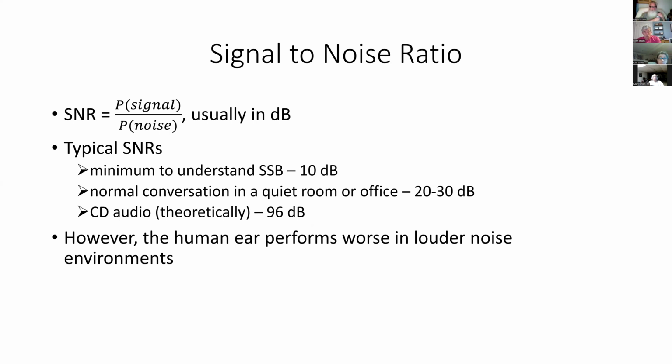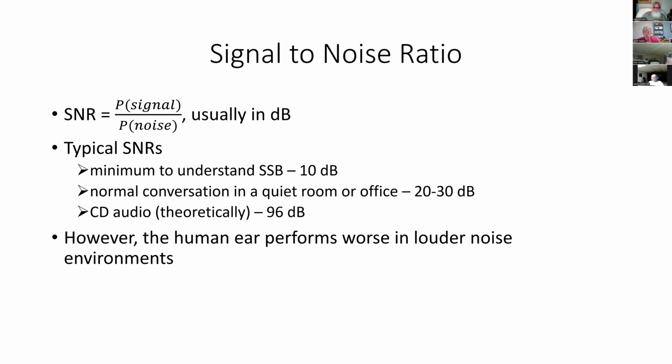So the typical signal to noise ratios you run into are, if you want to understand single sideband in a fairly noisy environment, the signal to noise typically has to be 10 dB or greater, which means that the signal has to be 10 times as strong as the noise. And some people with training can make out signals with a lower signal to noise.